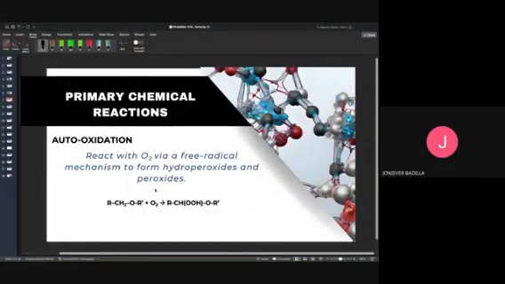Next would be your auto-oxidation, or as what has been written a while ago, this will involve already the formation of your reactive peroxide. That's why auto-oxidation is also known as your peroxide formation. So what is involved here is again the formation of your highly reactive peroxides or your hydroperoxides. And this will follow already a specific pathway that is again the formation of a free radical because your hydroperoxides and your peroxides are considered to be free radicals.